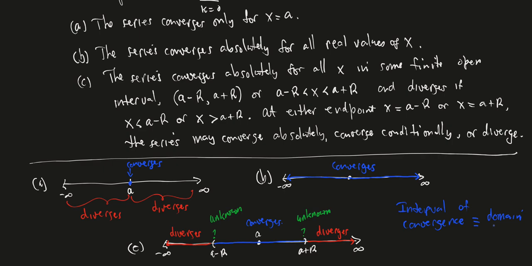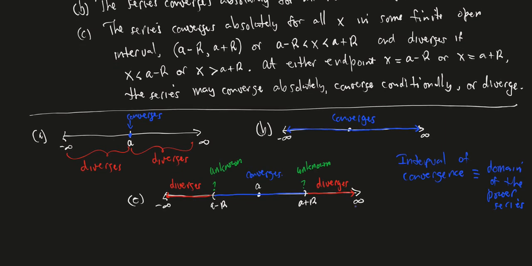Now you have a variable, and that variable will affect the result of the series. Does it add up to a nice number, or does it go to plus or minus infinity? So the easiest way I could say is that the interval of convergence is synonymous or equivalent to the domain of the power series.